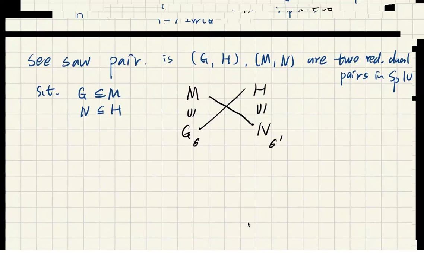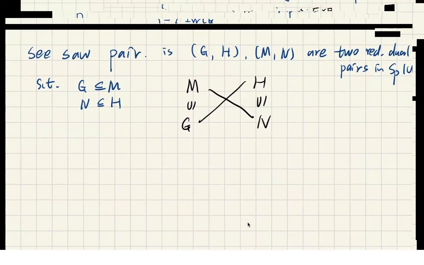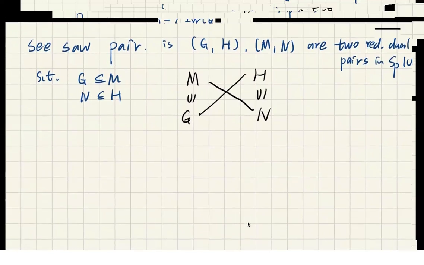This line denotes that G and H are dual pairs and M and N are dual pairs. Okay, so this is the notion of a seesaw pair.